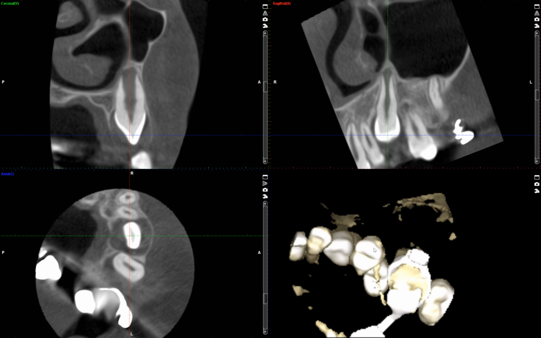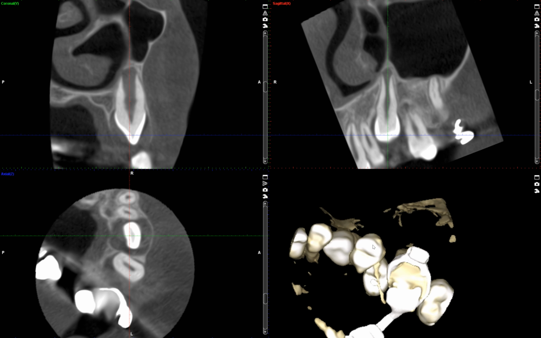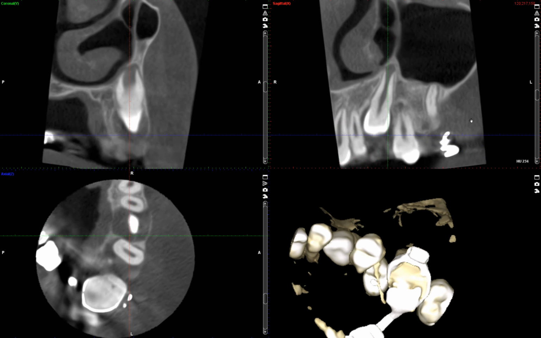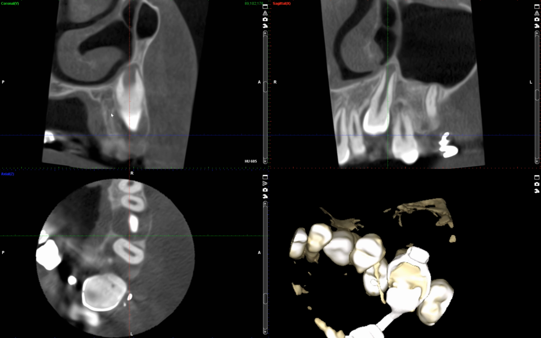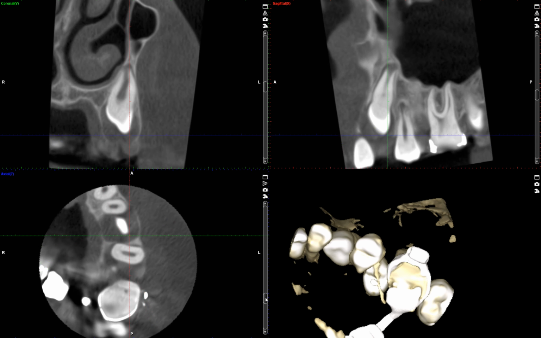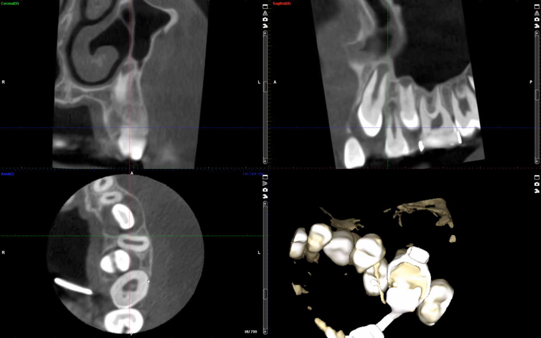Upon careful examination, you also note that number 13 is more palatally located. So why don't we verify that? So that was number 11, by the way, right? 11. And here we have 12.